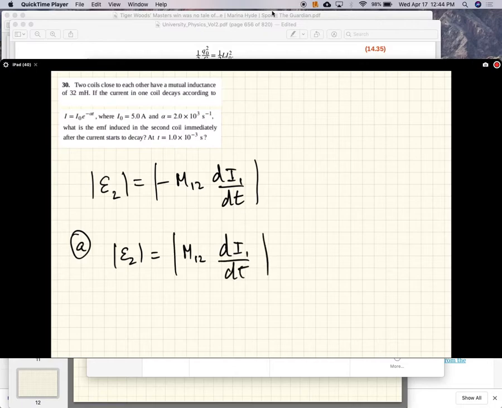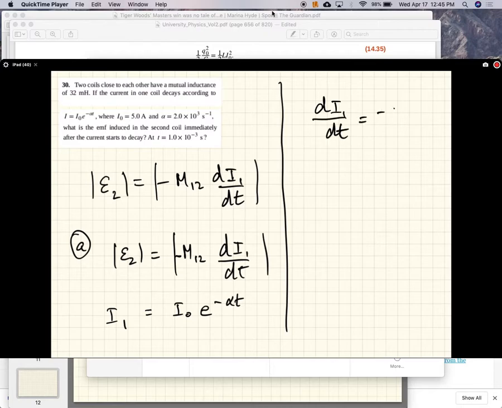We'll just take the absolute value of that. I'm going to write I1 is I naught e to the power of minus alpha t, and di1 by dt is equal to minus alpha I naught e to the power of minus alpha t.